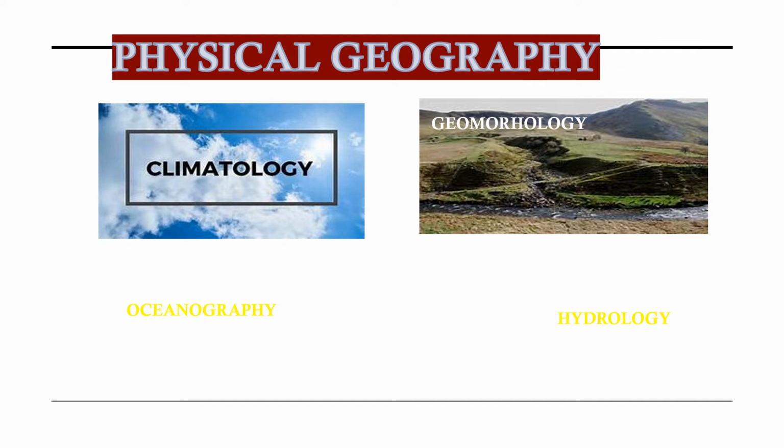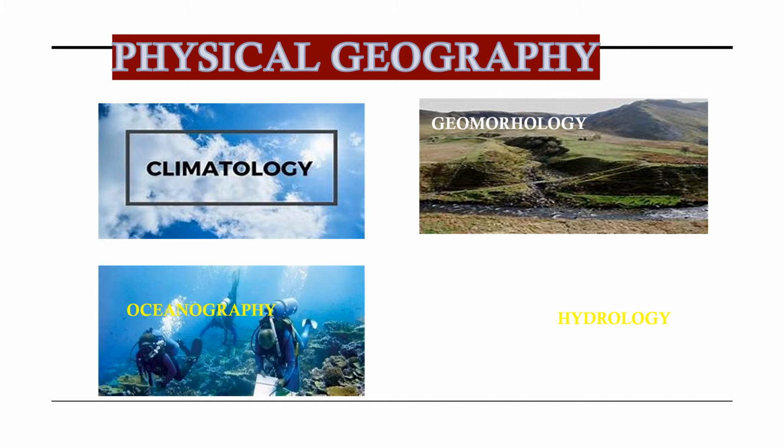So morph has to do with changes, okay? Therefore, we can say geomorphology has to do with the changes that happen over the earth, mainly in the origin and development of landforms.